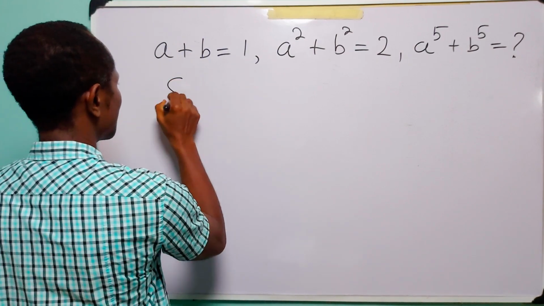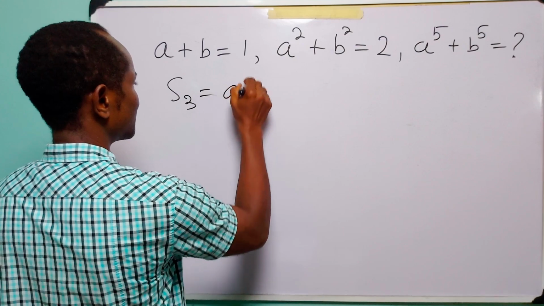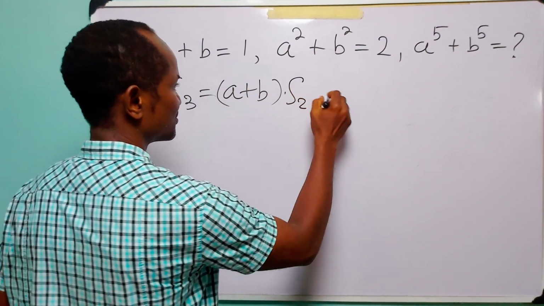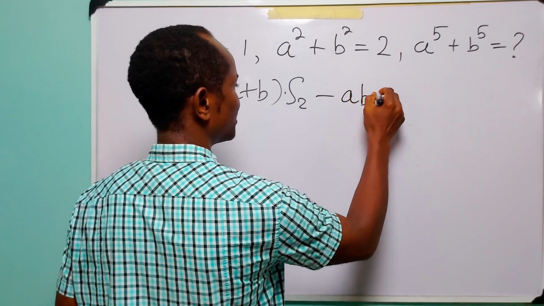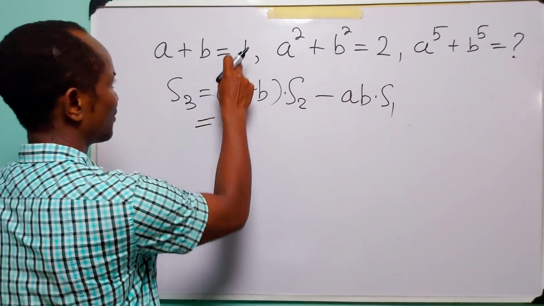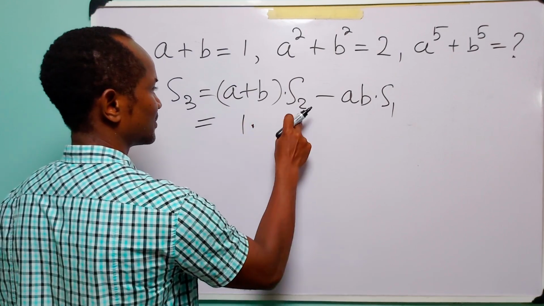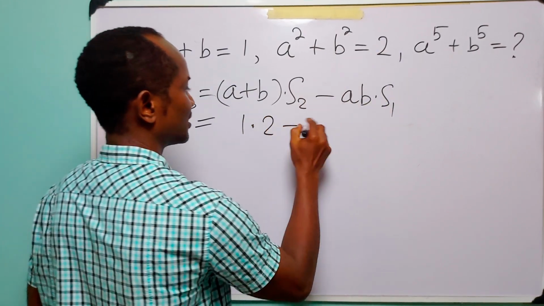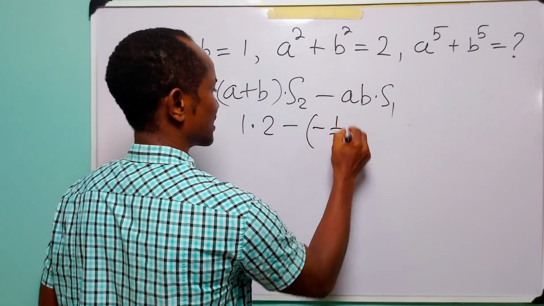So we have that S3 is equal to (a plus b) multiplied by S2 minus ab multiplied by S1. a plus b, of course, is equal to 1. S2 is 2. ab is minus half.